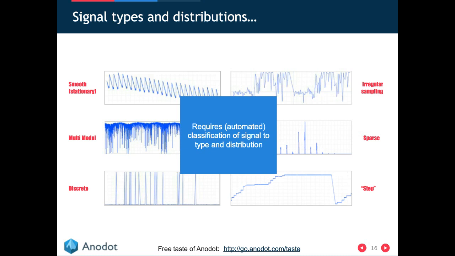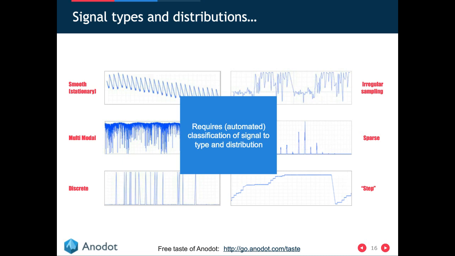Now, there's no real way without designing that classifier that classifies your signals to their different types. There's no real way to know what type of signal you're going to get. And from our experience, about 40% of the signals are stationary, and the rest fall into the other categories. So it's not like the stationary is the majority of the signals we see in the system.